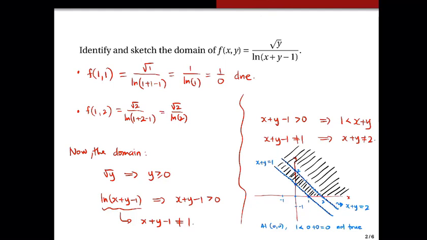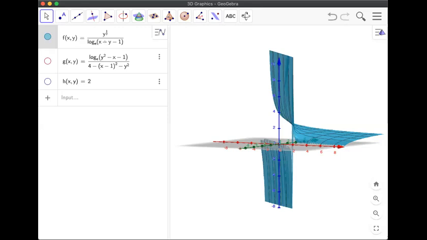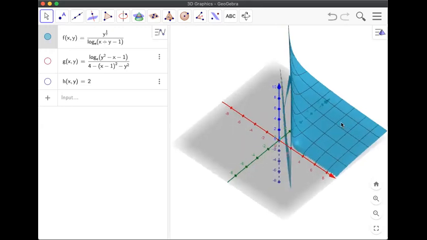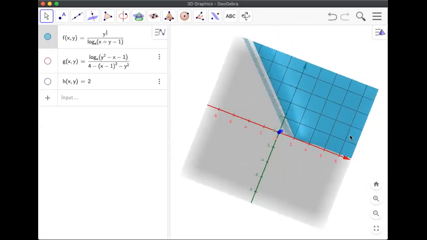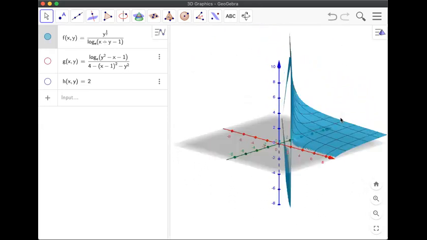Now, I tried to sketch the graph of this function. Let me share that software. So I have this function here: y raised to 1 half log of e, ln of x plus y minus 1. So the graph is something like this, and you will see there are some cut off.